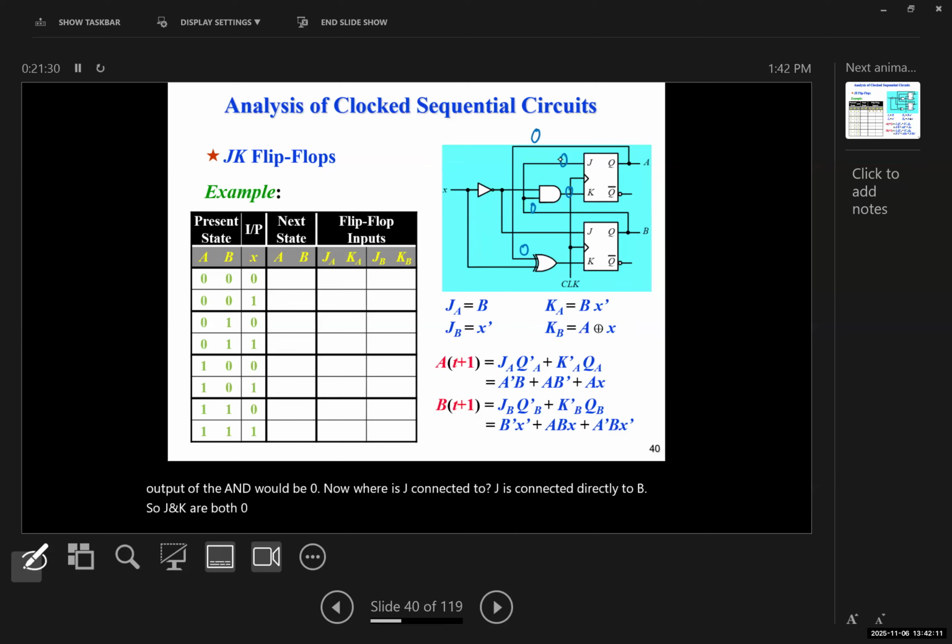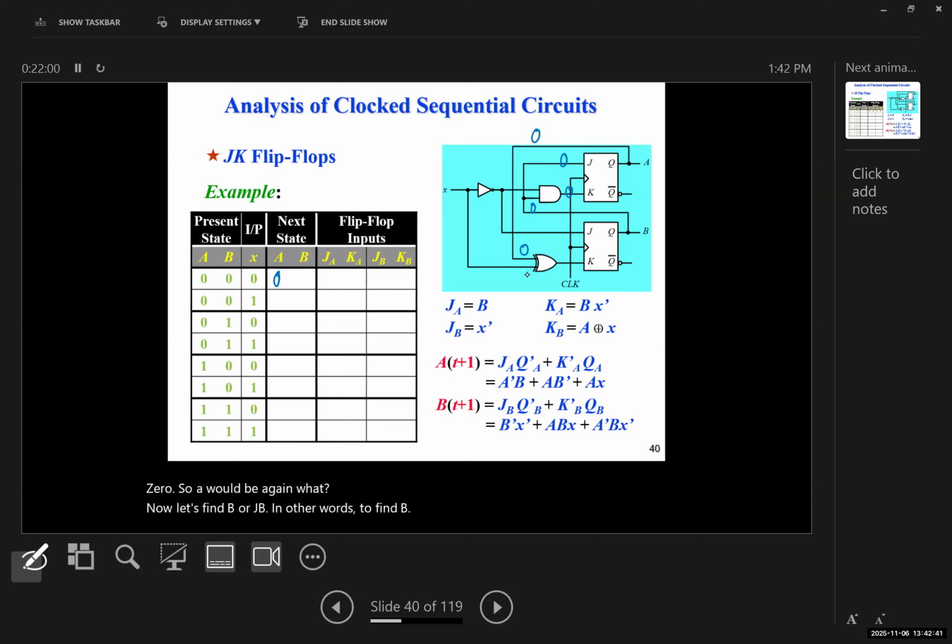If J and K are both 0, what would the next state of A be? Because J and K are both 0, it's going to be the previous state of A. And what was the previous state? 0. So A would be again 0.